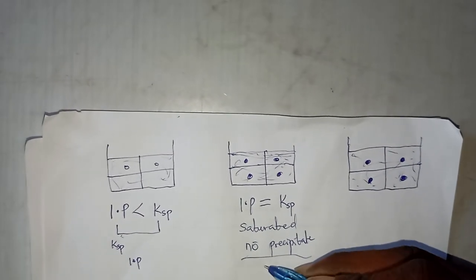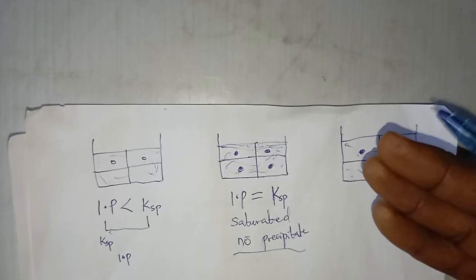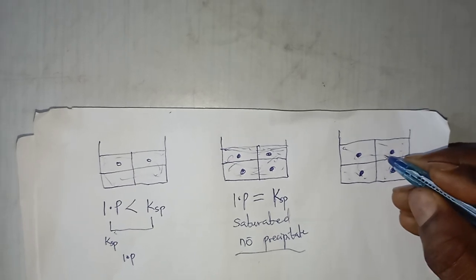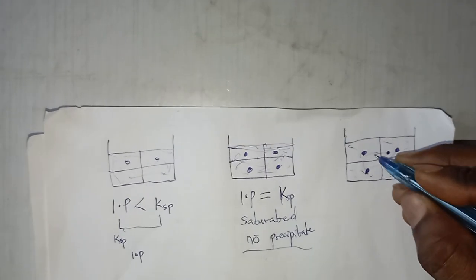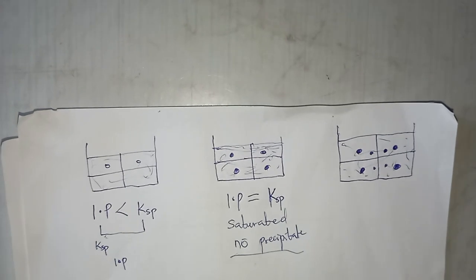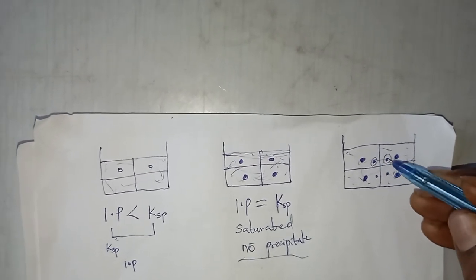At this point, we also have K. This K stands for equilibrium. At this point, we've reached equilibrium. But let's say as it dissolves, it has reached saturation, and I come and add more solutes. You see that the more solutes I add, the more ionic products I am having.